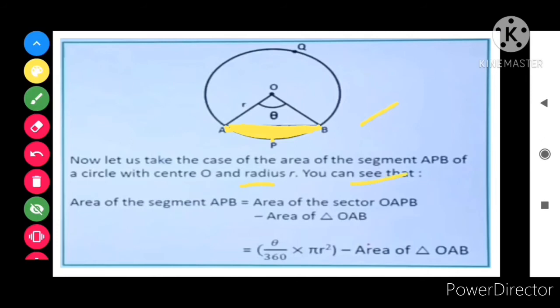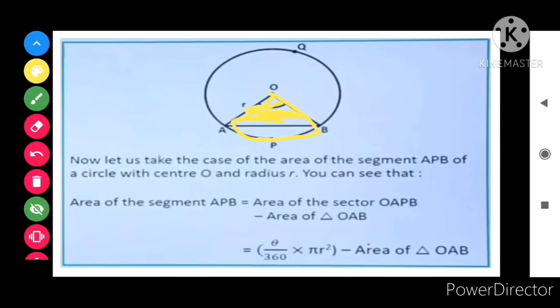So we can get the area of the segment APB is equal to area of the sector OAPB minus area of the triangle. Very clear. Whole sector, the area of the sector minus area of the triangle, then you will get the area of the segment.